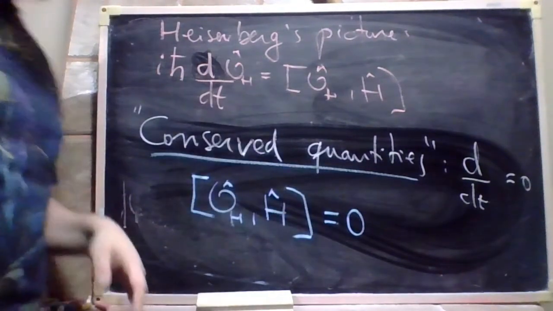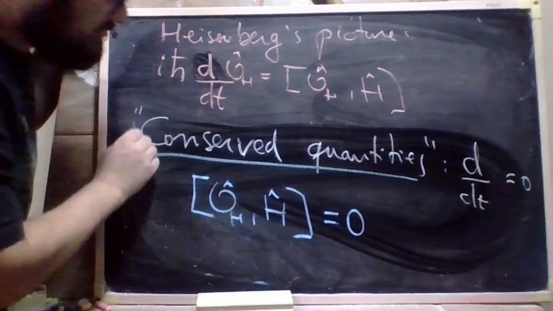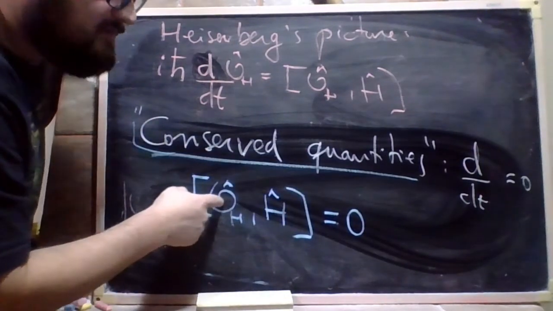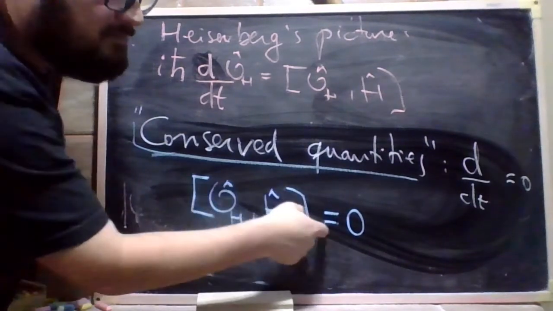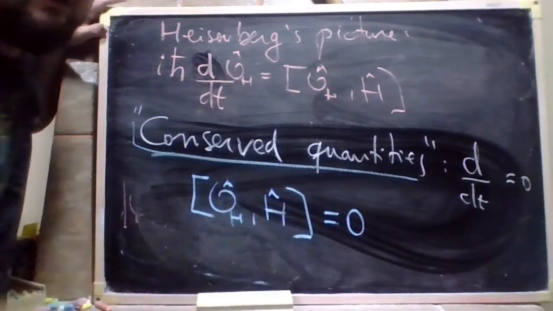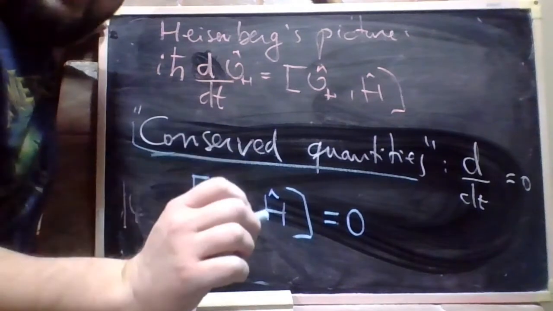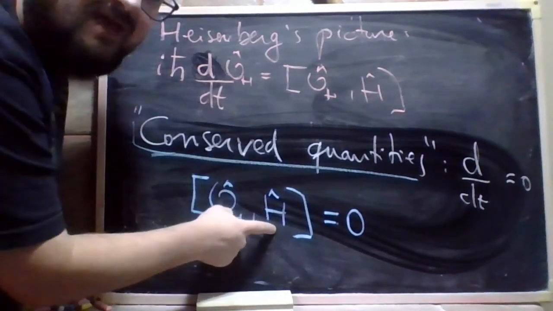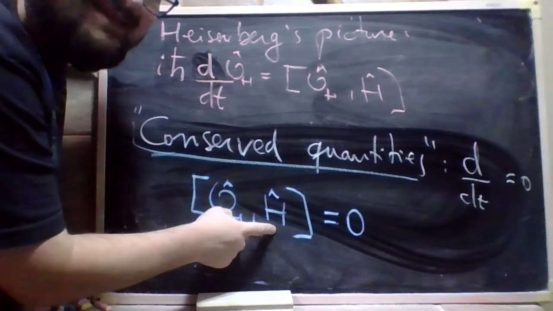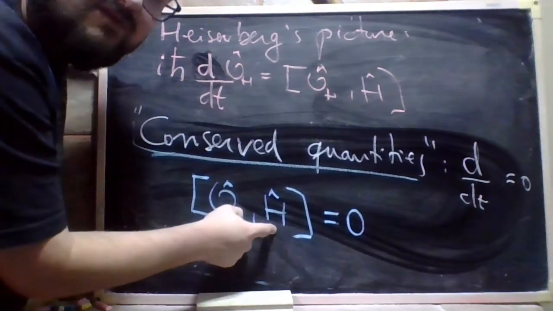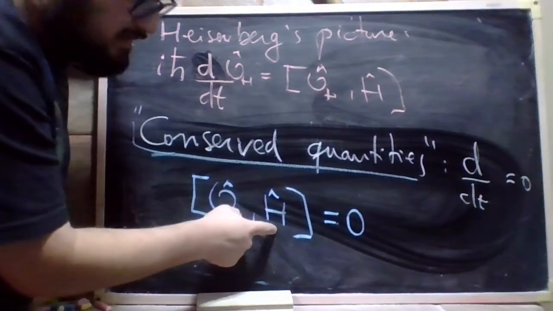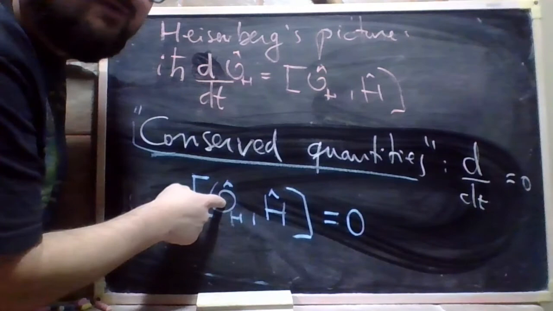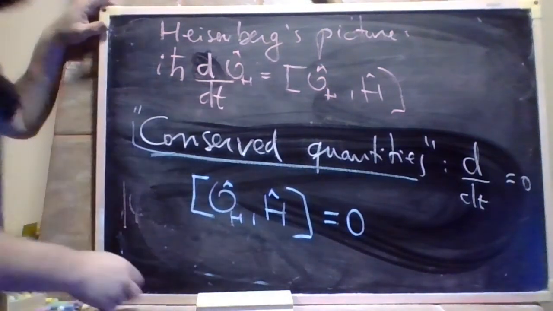So for conserved quantities, the commutator of that observable with the Hamiltonian must be 0. They must commute. Which means, by the way, that the bases which diagonalize the Hamiltonian, the energy eigenstates of the system, are also eigenstates of that operator. It's a very important conclusion.